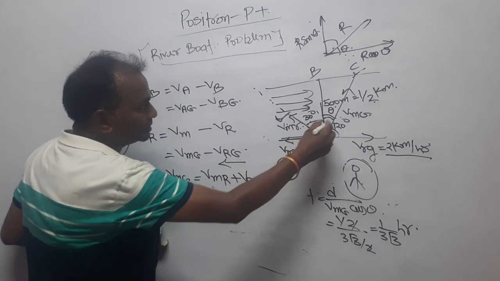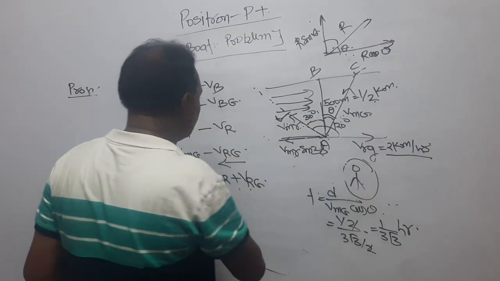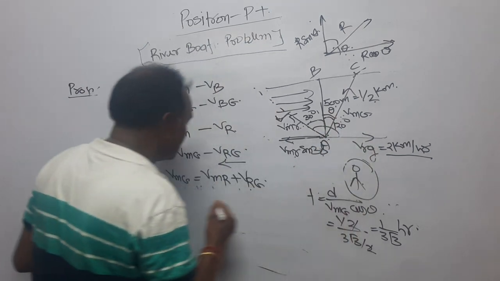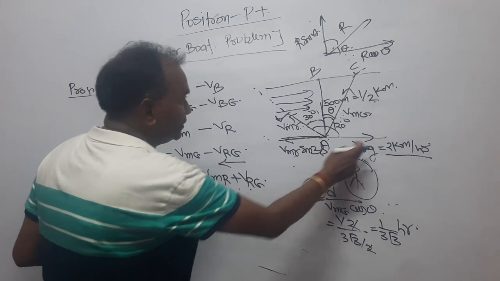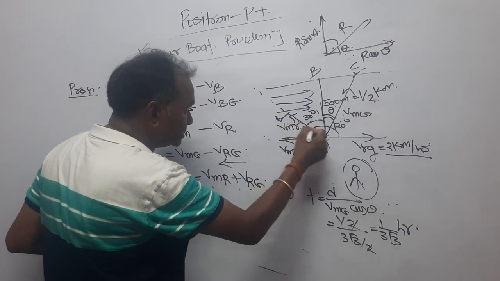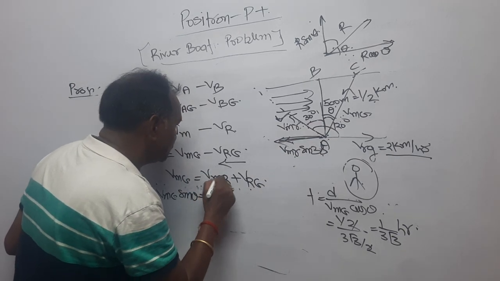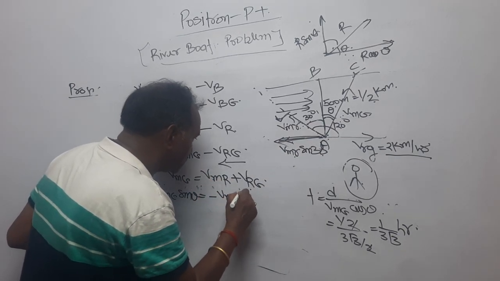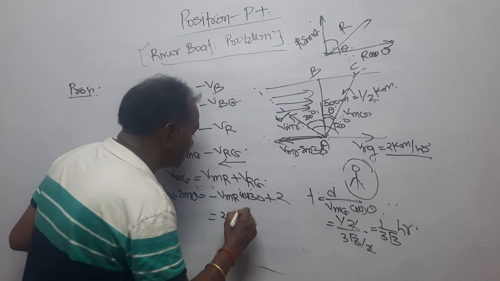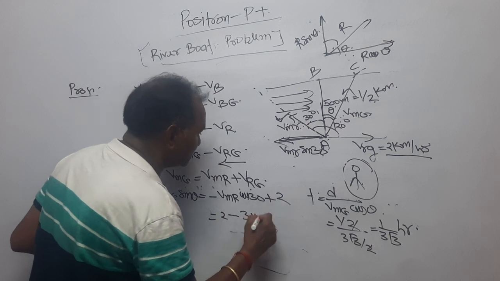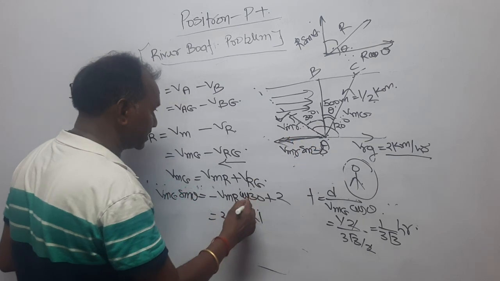Now look here, the horizontal component of VMG is VMG sin theta, equal to minus VMR cos 30 in the opposite direction, plus VR which is 2, so 2 minus VMR, sorry, it is VMR sin 30, I'm sorry.